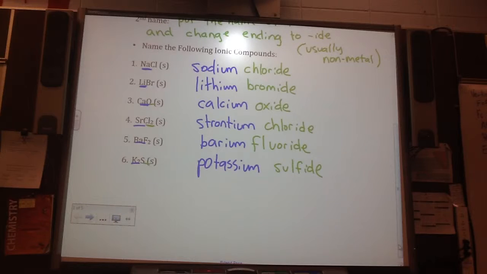The S. What does the S mean? Solid. Why are they all solid? They want to be. What types of compounds are these? Ionic compounds. Yesterday in our notes, we said all ionic compounds are solid at room temperature.